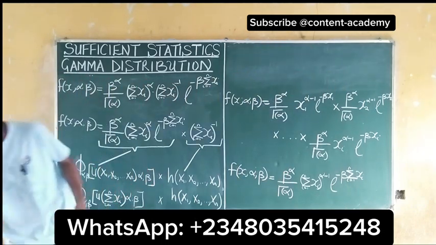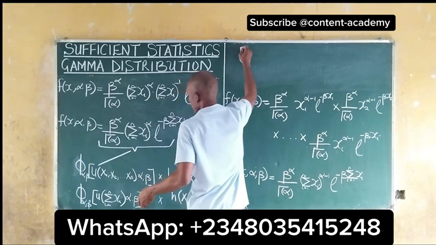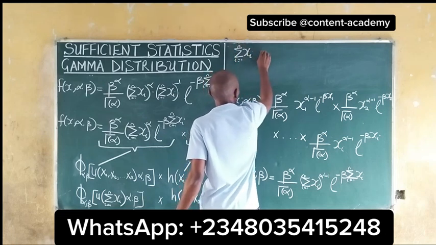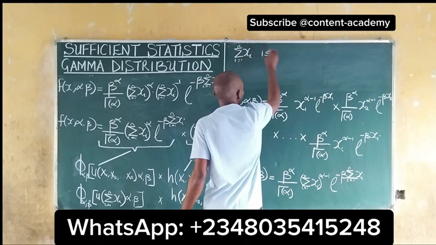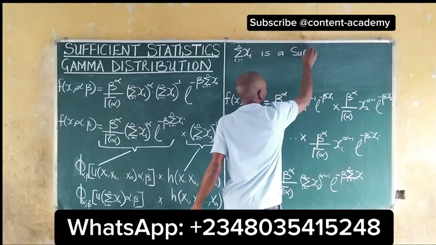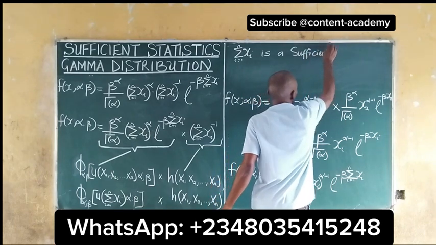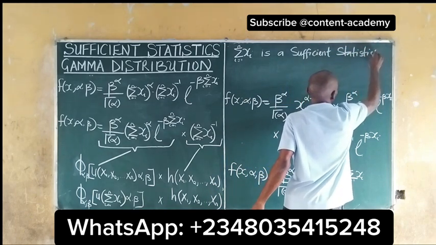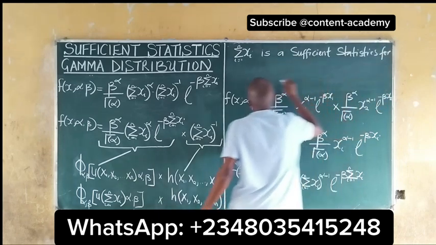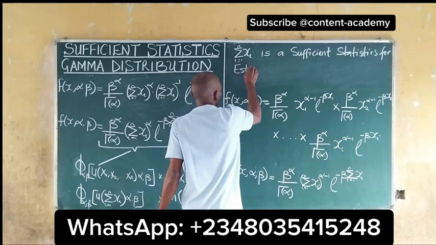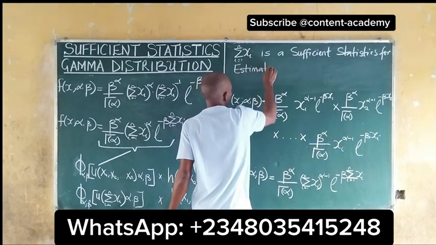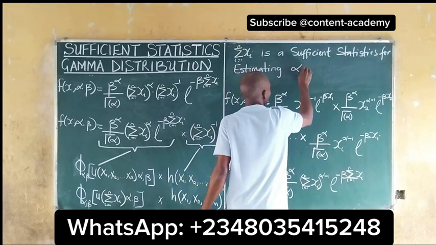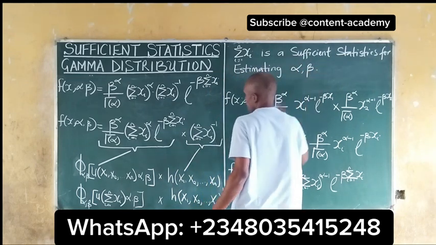So we can simply write that the statistic, that means the summation of xi as i runs from 1 to n, is a sufficient statistic for estimating the parameters alpha and beta.